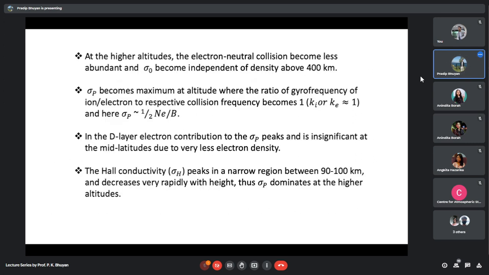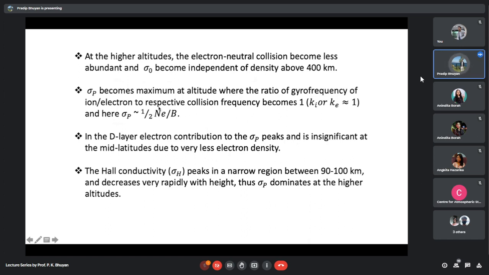Okay. In the D layer, the electron contribution to the sigma P peaks and is insignificant at the mid latitudes due to very less electron density. That means at low latitudes, within the D layer, sigma P is supposed to be maximum, or the electrons' contribution to sigma P. Because this electron contribution means what? This is n, the number density.